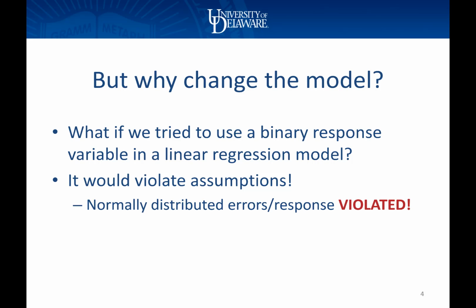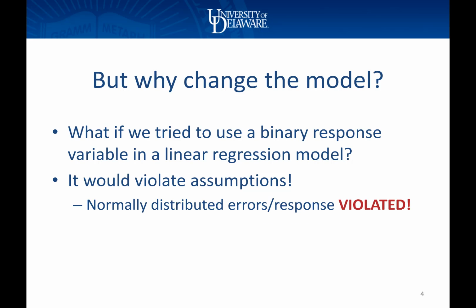We require for linear regression that we have a normally distributed response. And that means that our errors will be normally distributed too. But if we have a binary variable that only takes on values of 0 or 1, then we don't have anything that's normally distributed. A normal distribution is a continuous range of values, and a binary variable just cannot look like that.